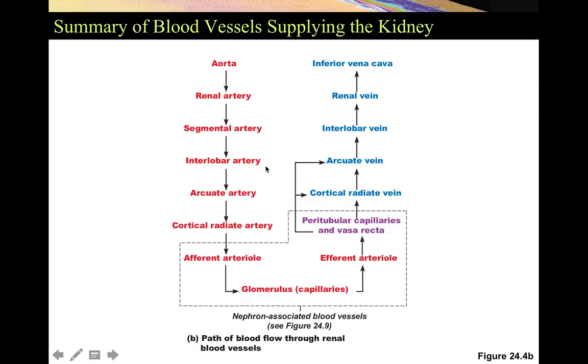I have the interlobar artery, matched with the interlobar vein. The only difference is that the veins do not have that intermediate branching, the segmental artery, so that is absent here. We go directly from the interlobar vein to the renal vein, which empties into the inferior vena cava and eventually returns back to the right side of the heart.